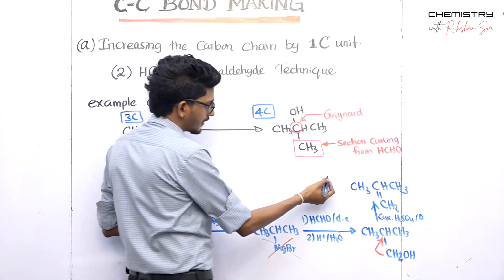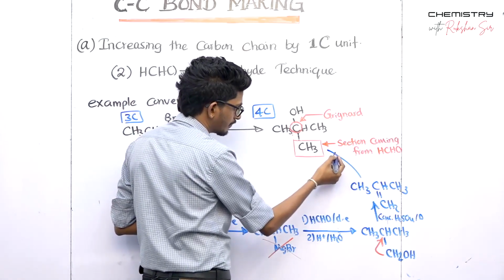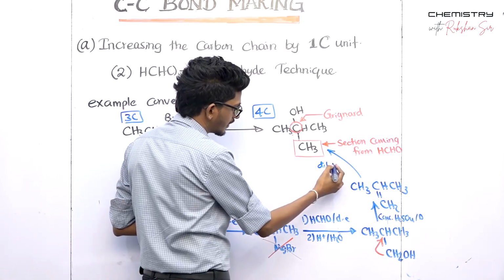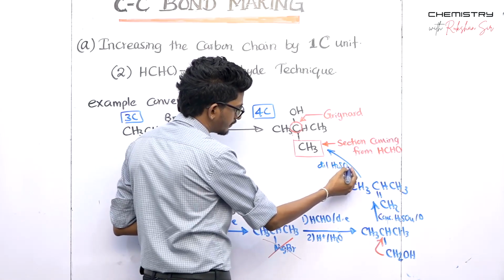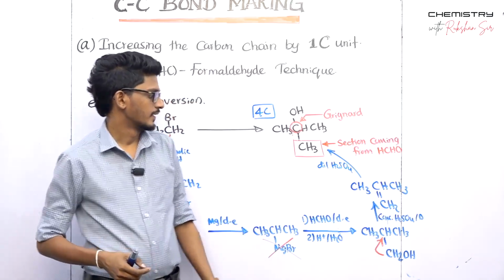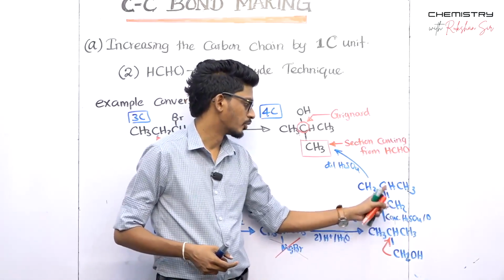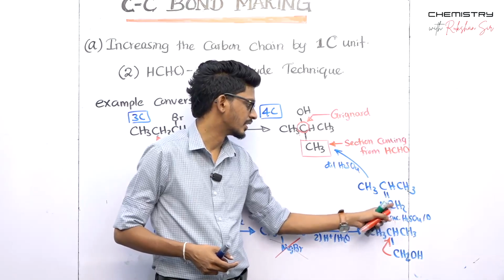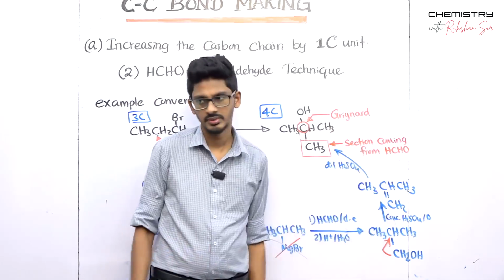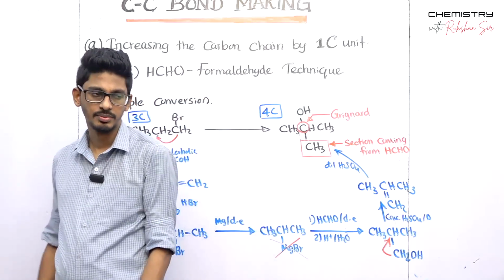Finally, you can do this step of adding a water molecule by adding dilute H2SO4. Right, so things are done. The hydrogen will be added to the carbon with the greater number of hydrogens, so that it will be converted to CH3, while the OH will be added here.